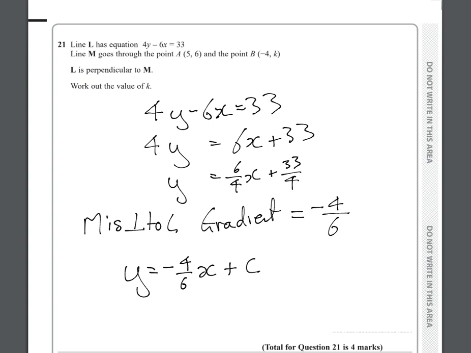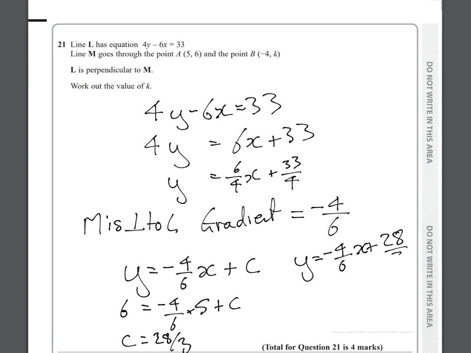Put the numbers in, so x is 5 and y is 6. So 6 equals minus 4 over 6 times 5 plus c. So 6 plus 20 over 6. c is 28 over 3. So our equation is y equals minus 4 over 6 x plus 28 over 3. That's not very nice numbers.